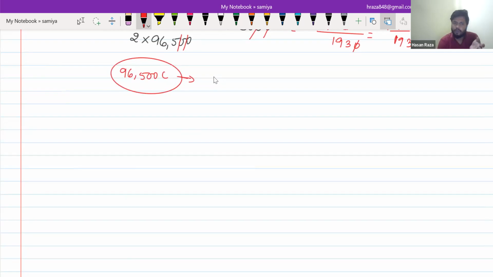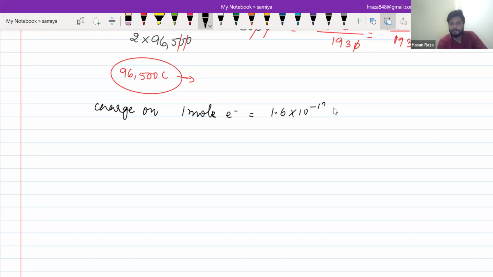This is basically the charge on 1 mole of electrons. 1 electron has a charge of 1.6 into 10 raised to the power minus 19 coulomb, and 1 mole has 6.022 into 10 raised to the power 23 particles.